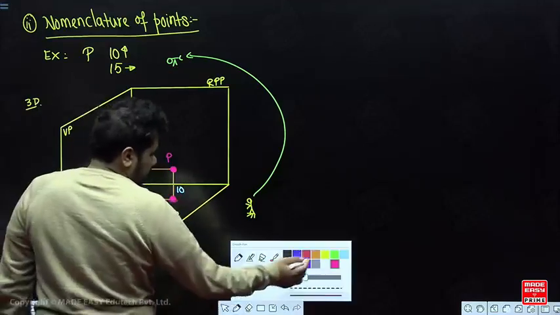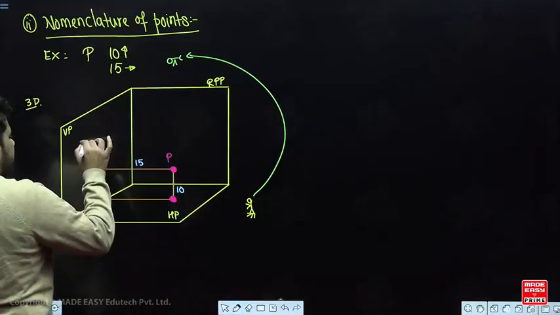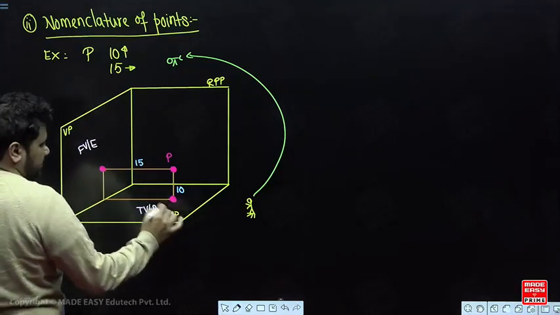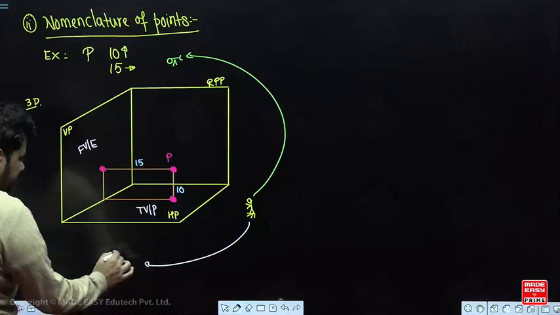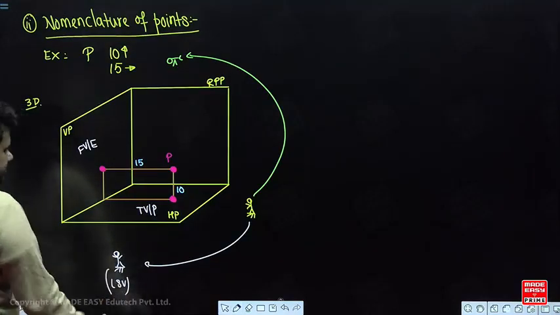Fine. Now if I name it, you will call this the front view or elevation, and this one you will call the top view or plan. Now when the observer comes towards the left side, this is the left side view, LSV.